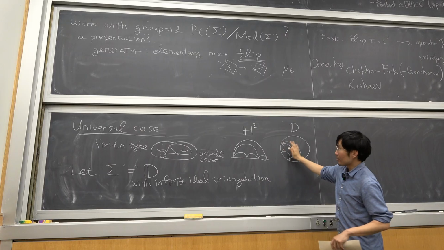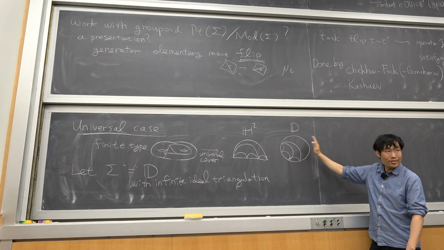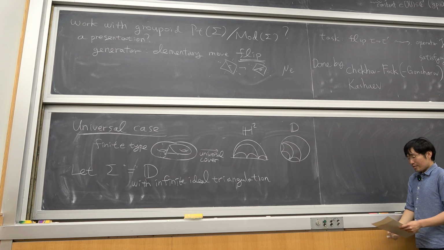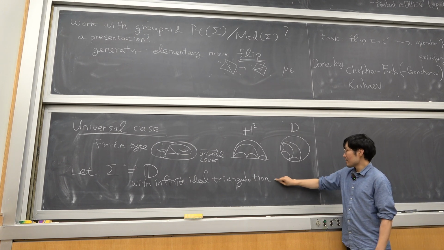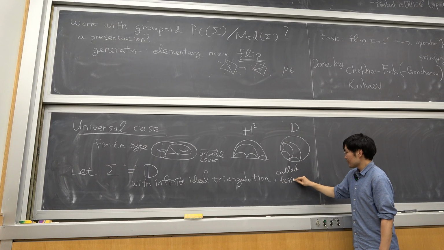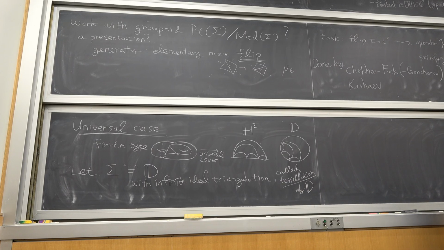let's say obtained as the inverse image. If you draw everything, then it's an infinite triangulation. And for the unit disk, the infinite ideal triangulation, let me call it tessellation, tessellation of D. So we want to do a similar thing as we did for finite type.